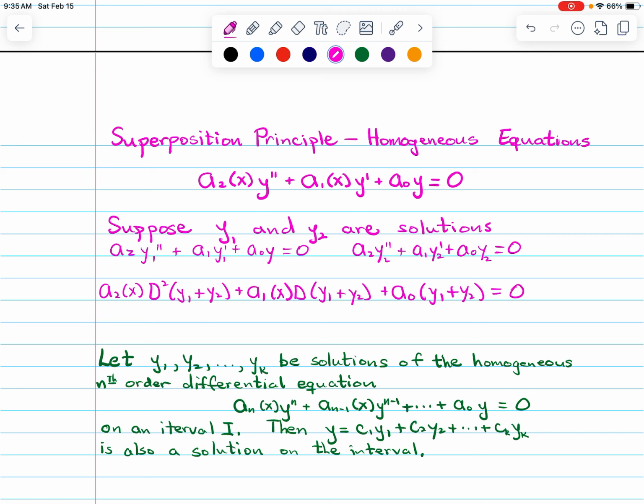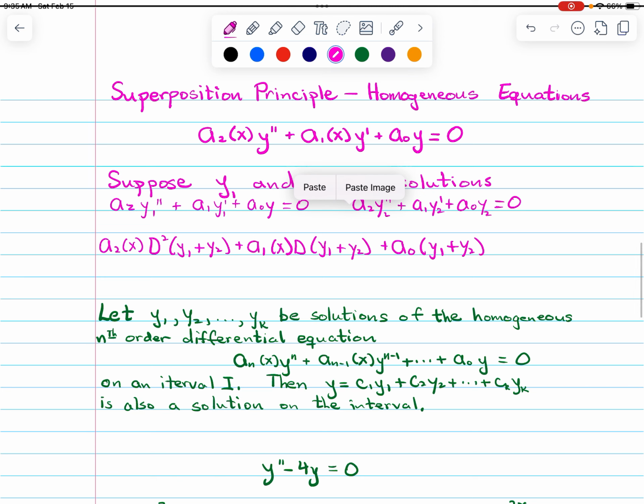So now, let's just see what that equals. If you look at this, what you've got now is a2x d2 y1. See, I'm clearing the parentheses here. I'm differentiating across. I'm differentiating this y1 and then this y2. So look what I've got now.